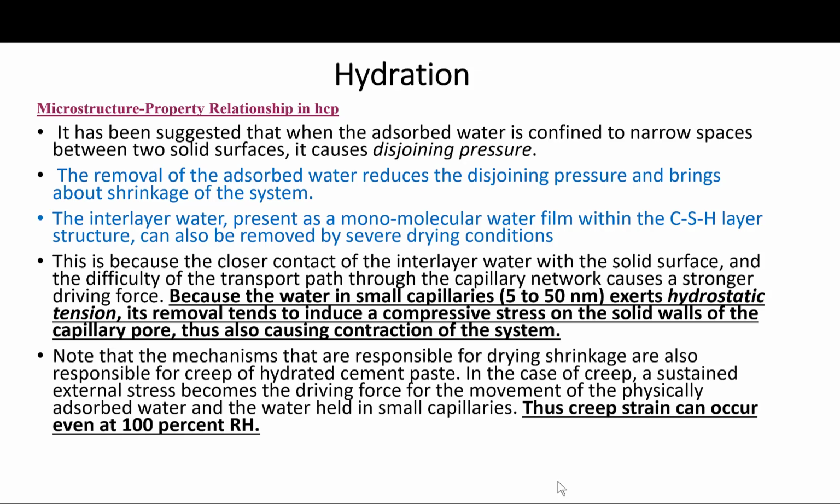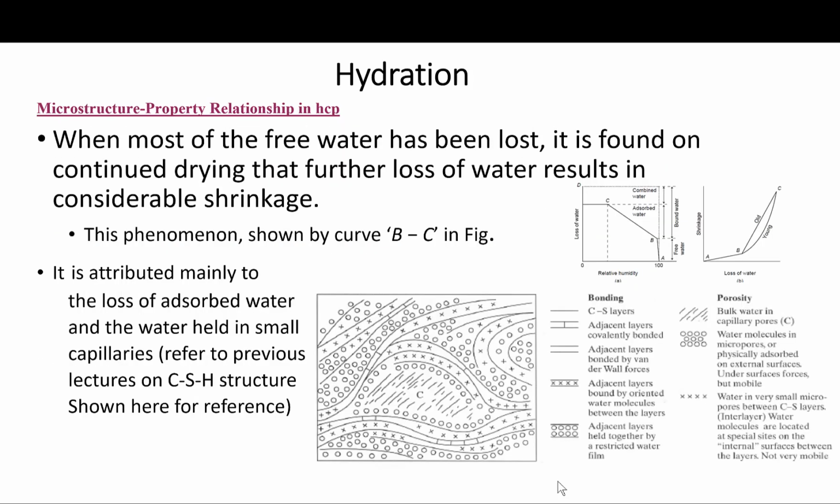So creep strain can occur even at 100% relative humidity, because the driving force is not the removal of the water by the change in the relative humidity. And again, you could refer back to this slide and what I talked about before, just for more information.